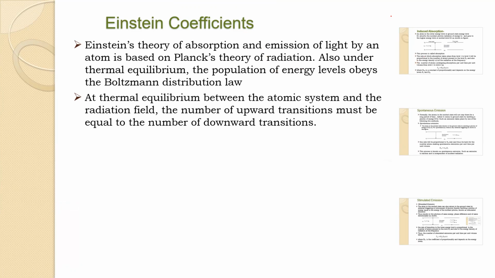In that we consider two energy levels, the upper is E2 and the lower is E1. At thermal equilibrium between the atomic system and the radiation field, the number of upward transitions, meaning transitions from lower to upper, must be equal to the number of downward transitions.